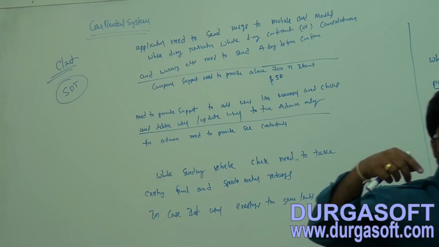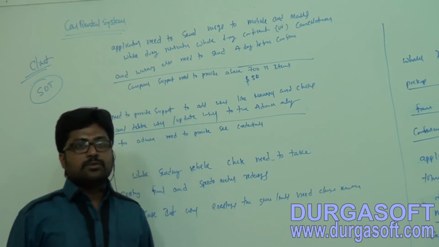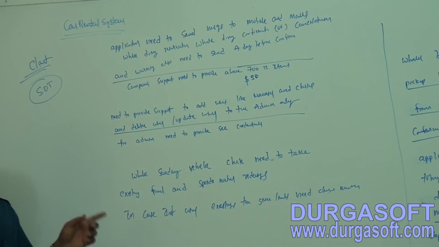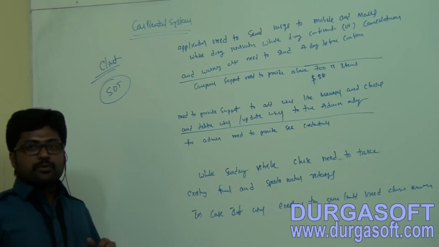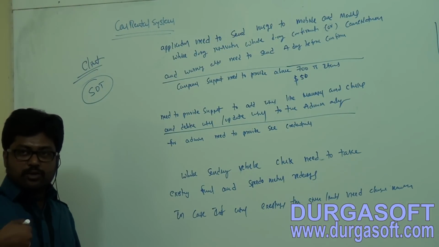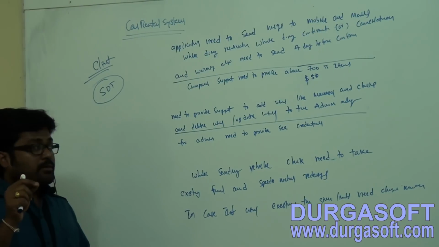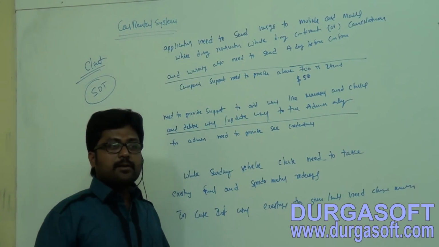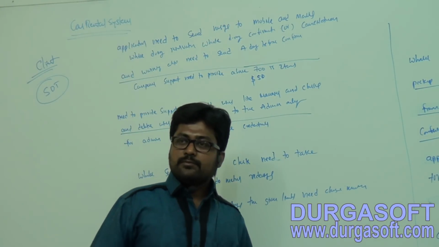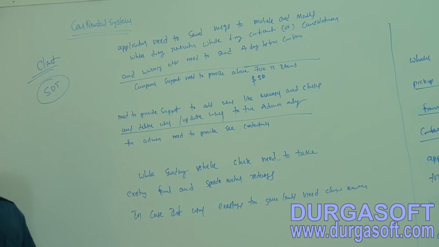Before entering Goa, we need to pay toll taxes, compared with the remaining states. So who needs to take that burden? In India, the client needs to. So while the toll is paid, who needs to pay?